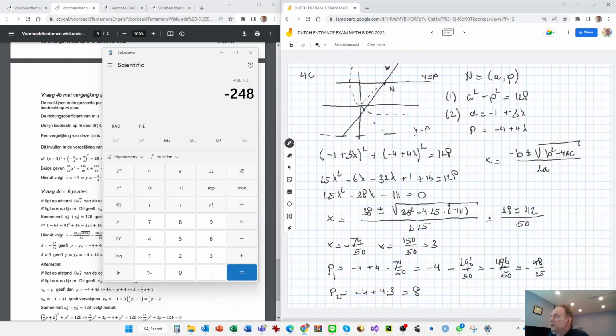Is minus 248 divided by 50 divided by 25.